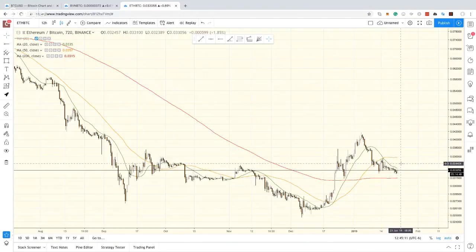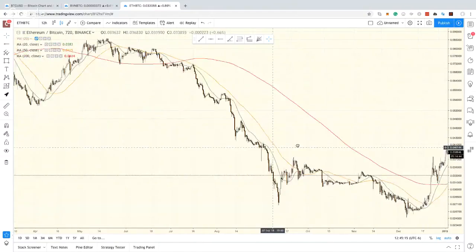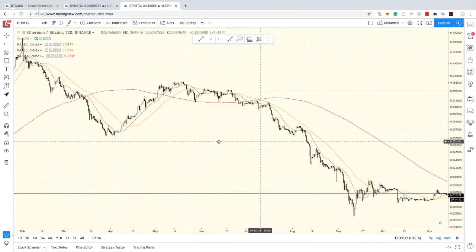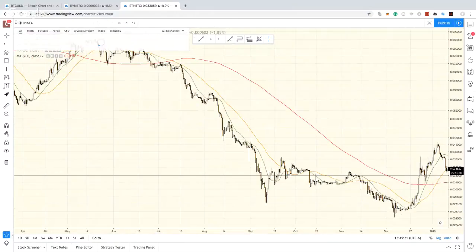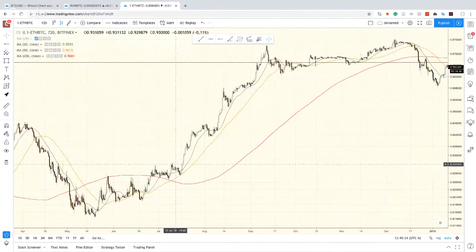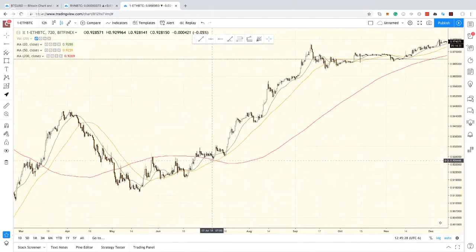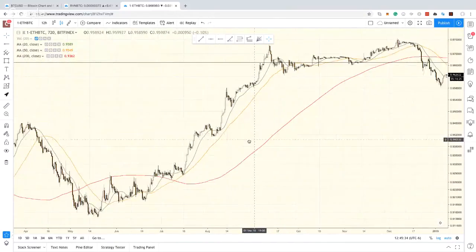The 20 MA will be guiding the price, and the 50 MA will be guiding the price as well. So we're probably going to be exactly here. So the price is closing above the 20 MA. The 50 MA will cross the 200, then we're going up.